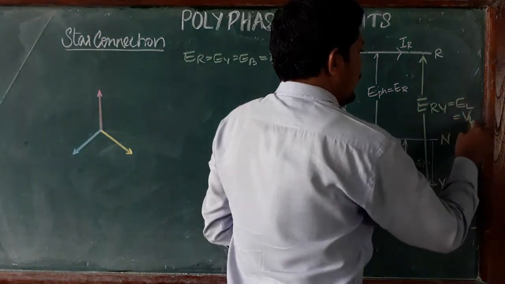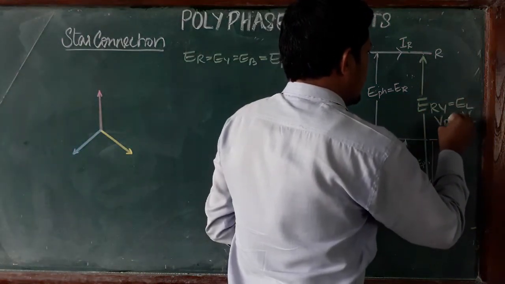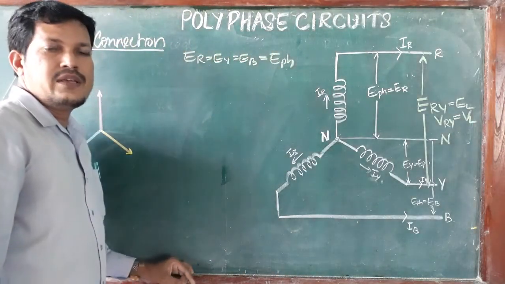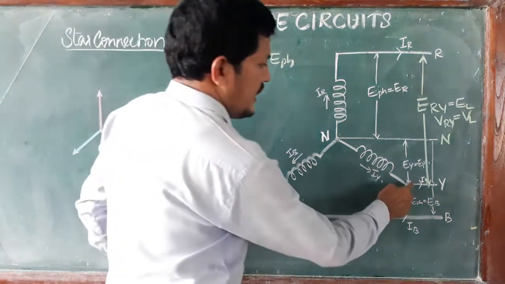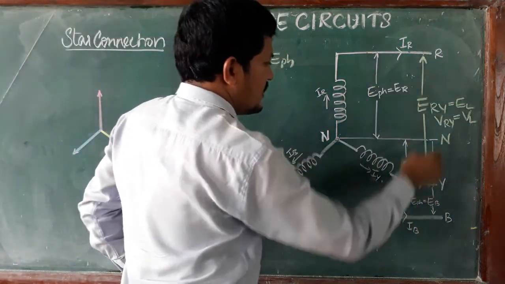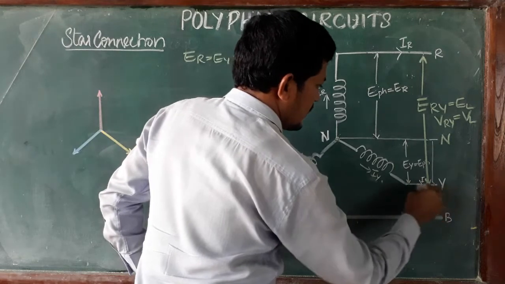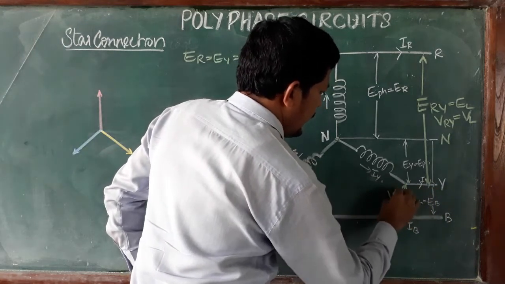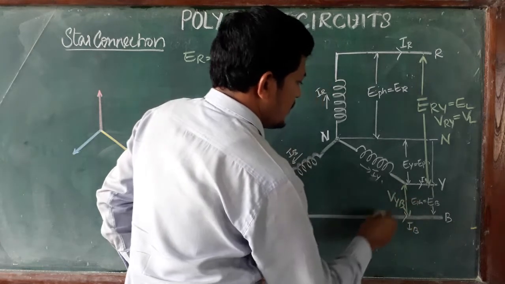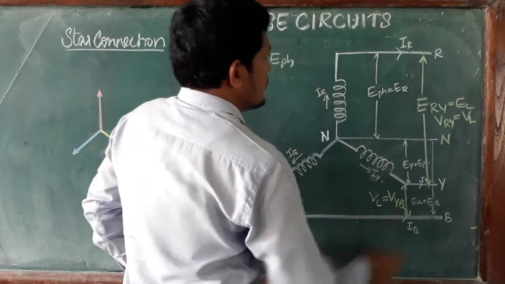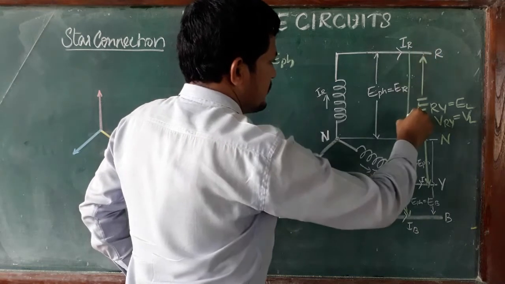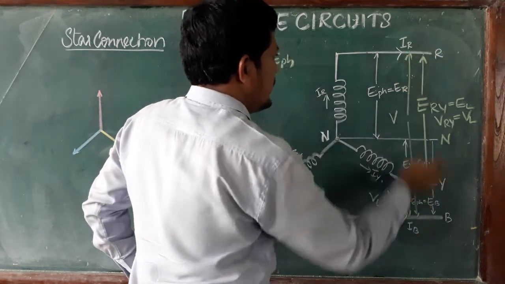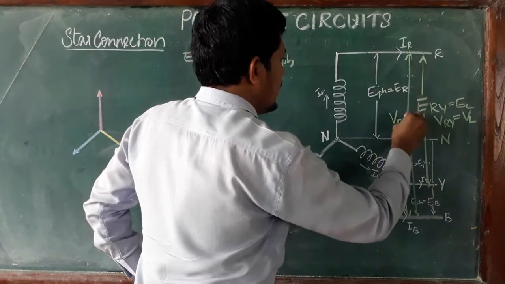Similarly, we can find VYB, across Y and B, and likewise B to R, which is VBR.